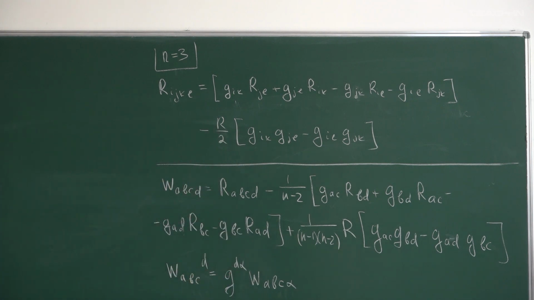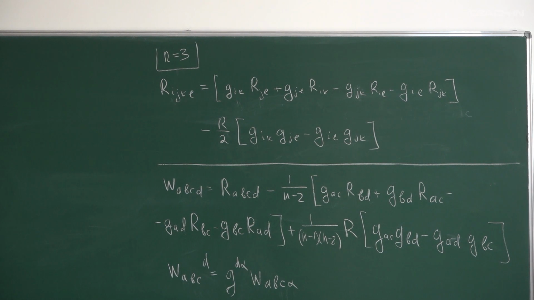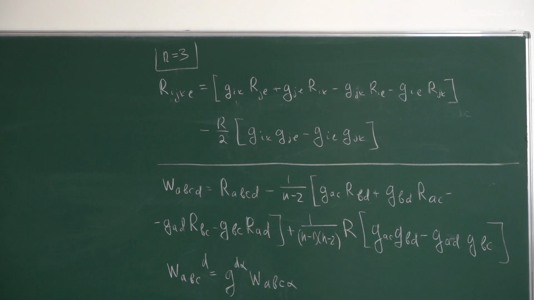The statement is that this tensor W, called the Weyl tensor, is invariant with respect to changing the conformal representative of the same conformal class. So it assumes one transformation of the Riemannian metric.